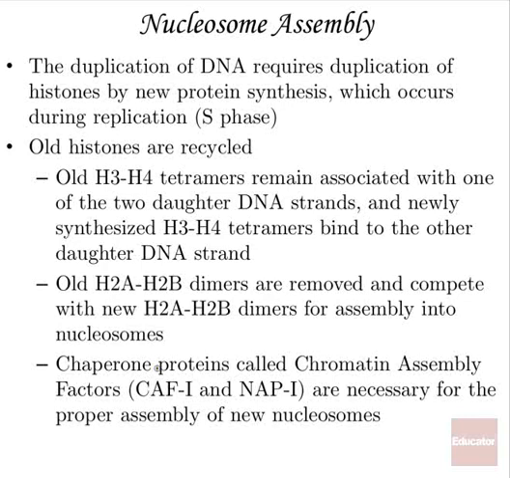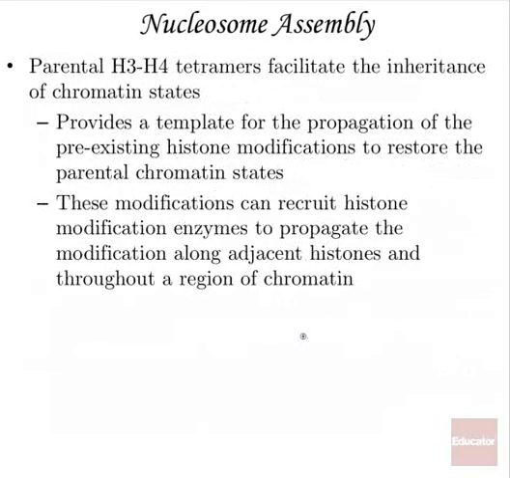Whatever epigenetic changes they had, methylations, ubiquitinations, phosphorylation, acetylation, will be transported with the nucleosome to the daughter cell, so that can propagate the epigenetic status from one generation to the next. What's very important are those parental H3, H4 tetramers.